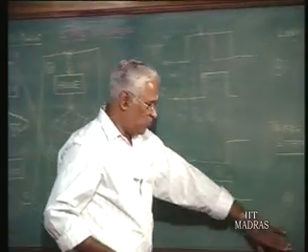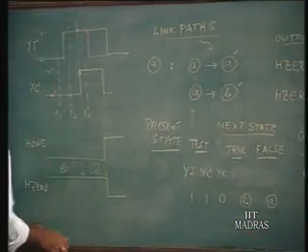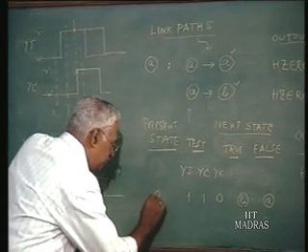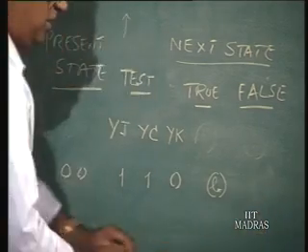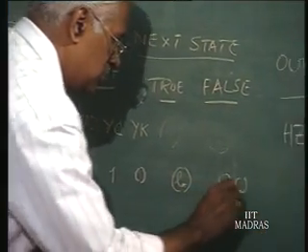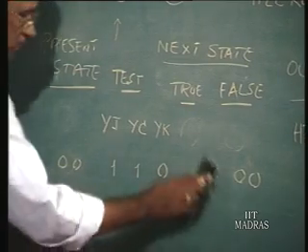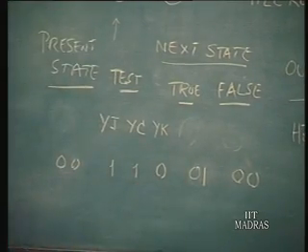So now here I can rewrite. I can go back to this. Instead of A, I can write the code 0 0. That is my present state. Instead of A, I am writing 0 0. Instead of B, I will write 0 1. Good.